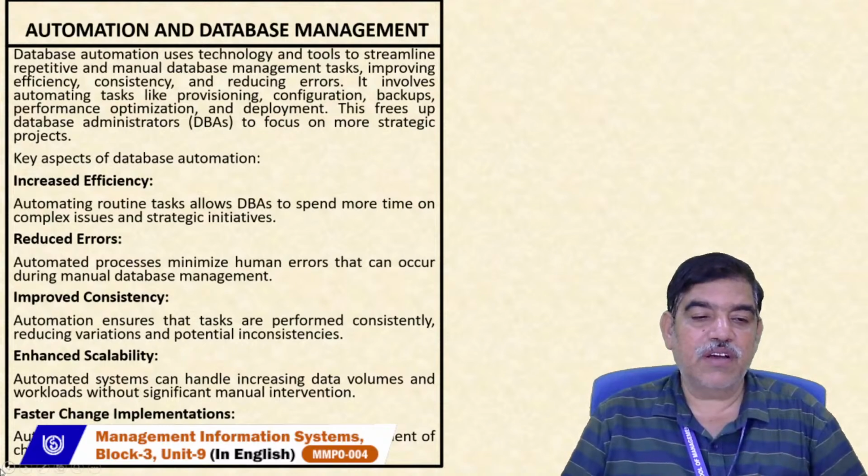Enhanced scalability. Automated systems can handle increasing data volume and workloads without significant manual intervention. So we can easily increase the data volumes in our database at runtime also. Faster change implementation. Automation allows for faster and more reliable deployment of changes to the database.